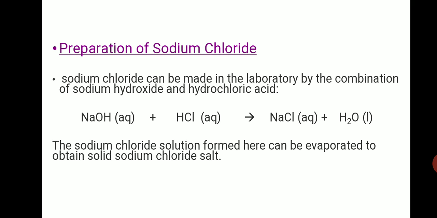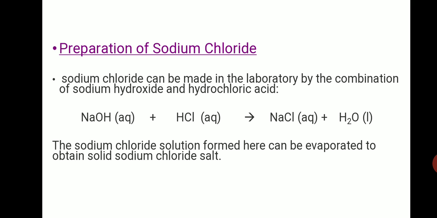But sodium chloride is never made in this way on a large scale. Why? Because sodium chloride is already present in nature in abundance, so we do not need any laboratory preparation for obtaining it.